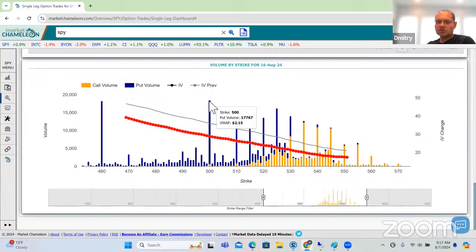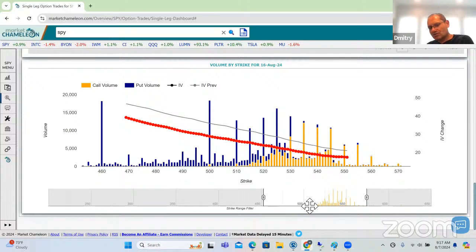So without even going to the options chain, we could get a quick visual of how the trading volume is distributed. We could hover over it and get a sense of where the option premium is. And just visually, we could see how the put and call volume look relative to each other, and even distributed amongst different strikes.